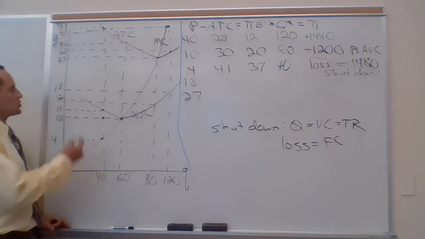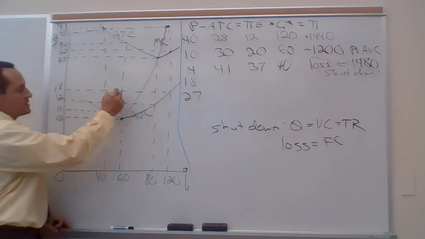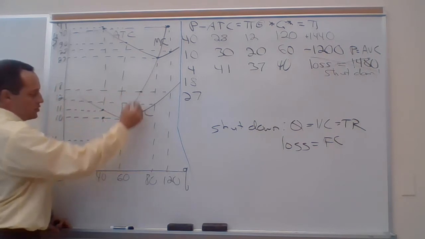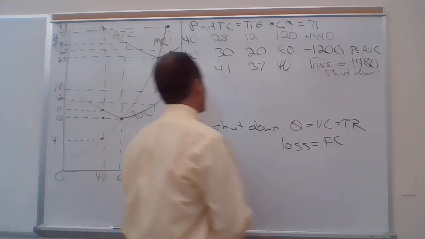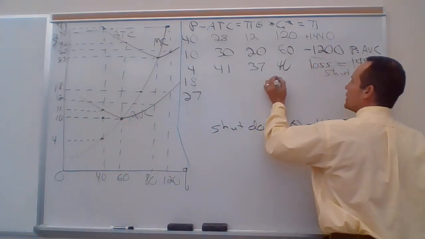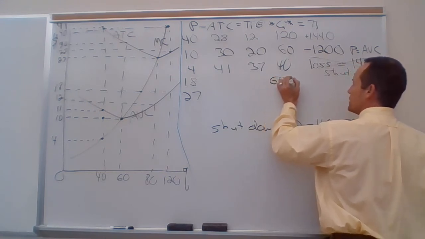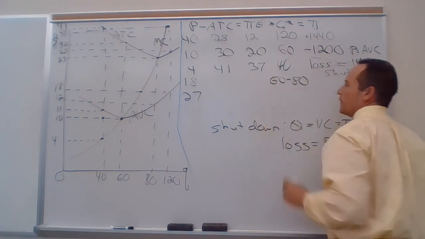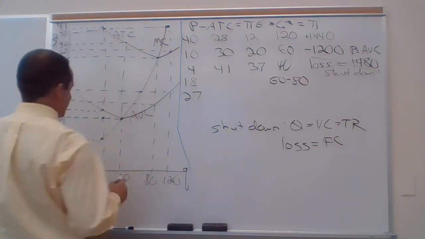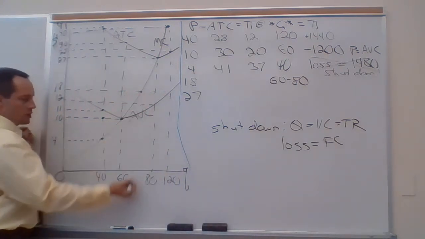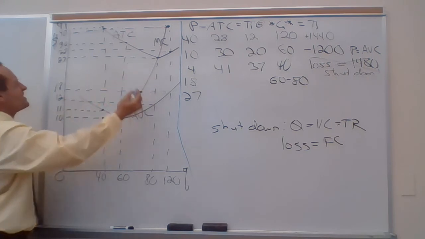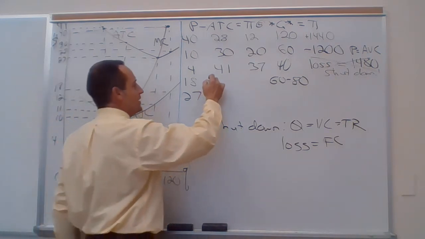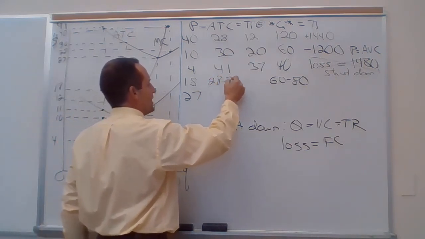We don't have a juncture here, but we know that at 18, our Q star is somewhere between 60 and 80. And we know that our ATC is somewhere between 28 and 27.